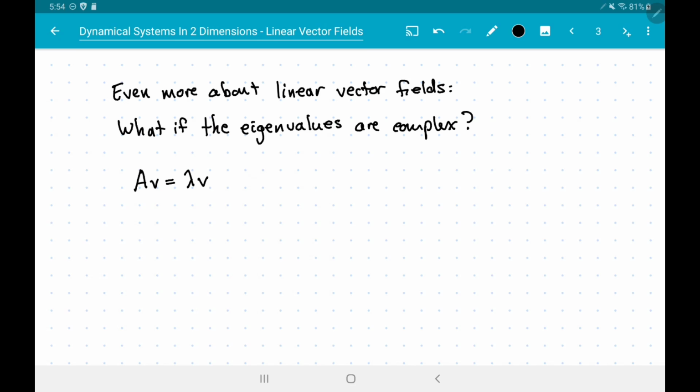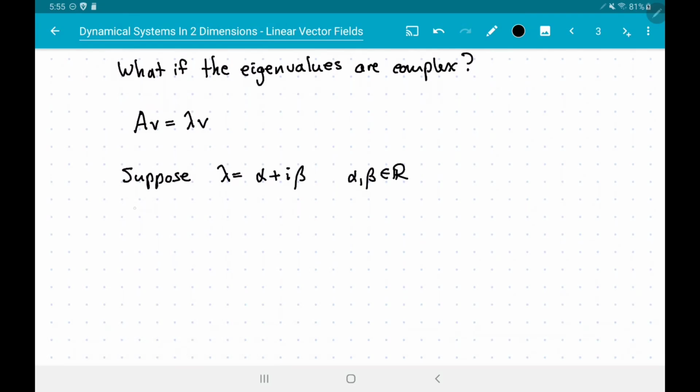But it means that there are some things that you have to be aware of when solving differential equations. Here's the problem. Let's suppose that lambda is equal to alpha plus i times beta, and alpha and beta are real and i is the complex unit. Well, a couple of things to note.